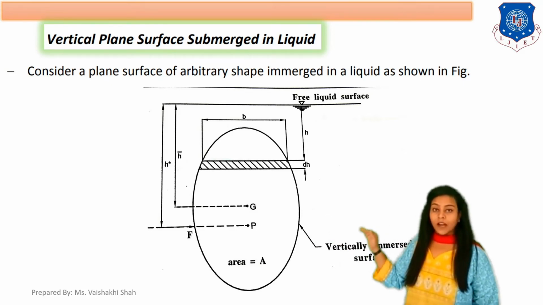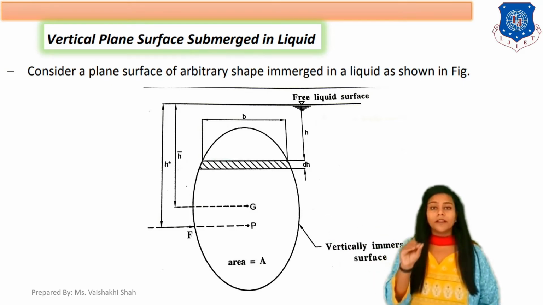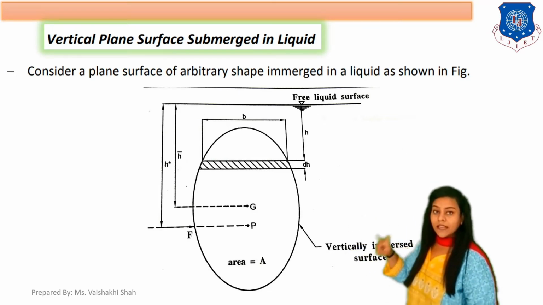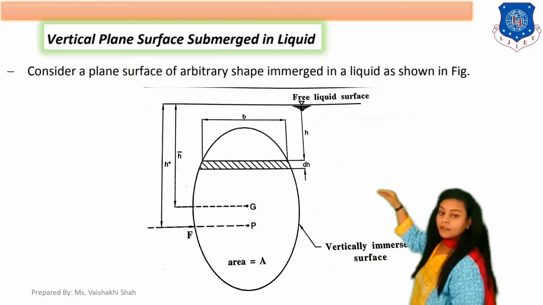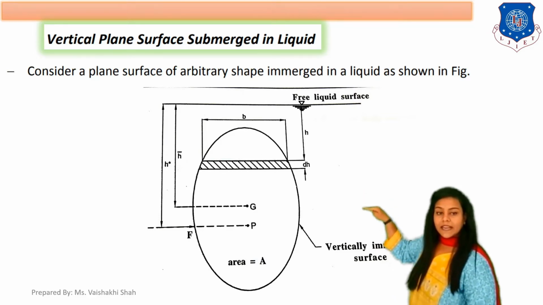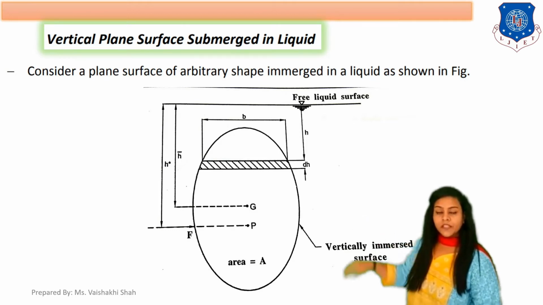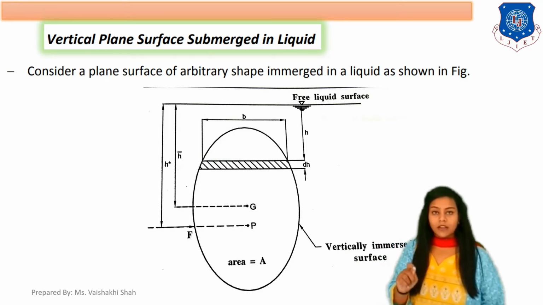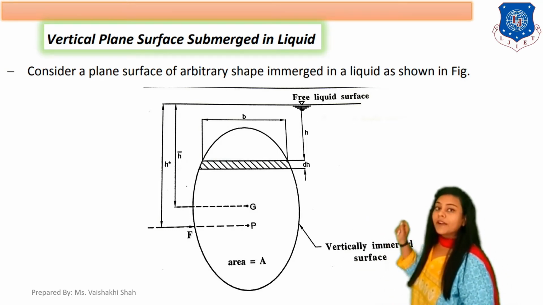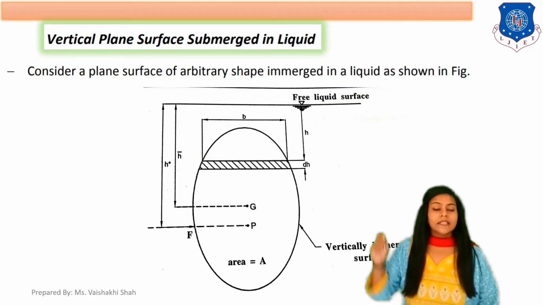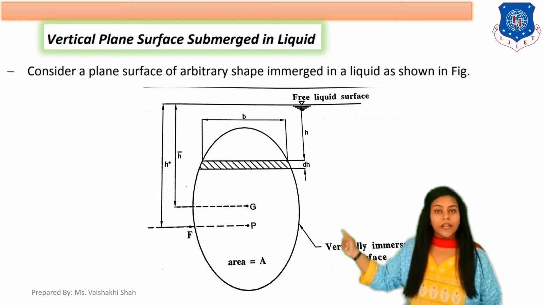Okay. Now, some important points in this diagram. As you can see, there are 2 points at center. First, G, and second is P. G is called center of gravity and P point is called center of pressure.